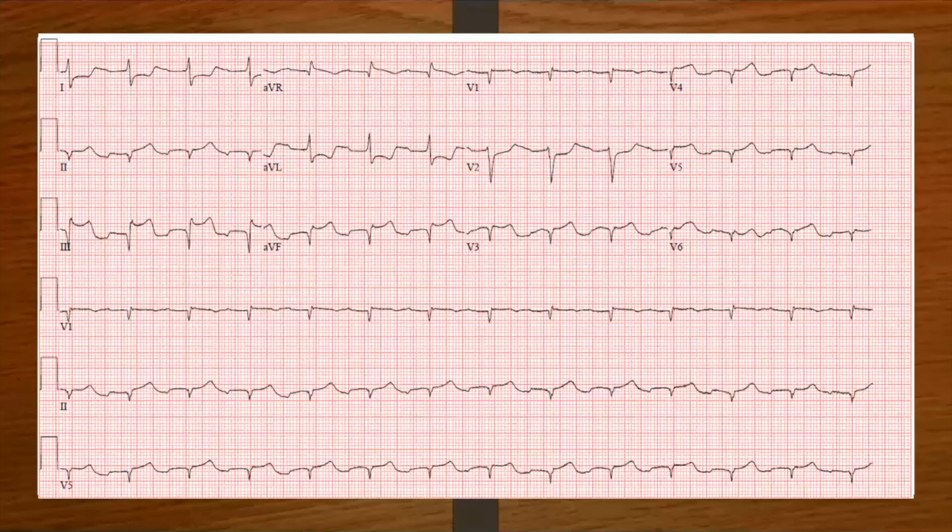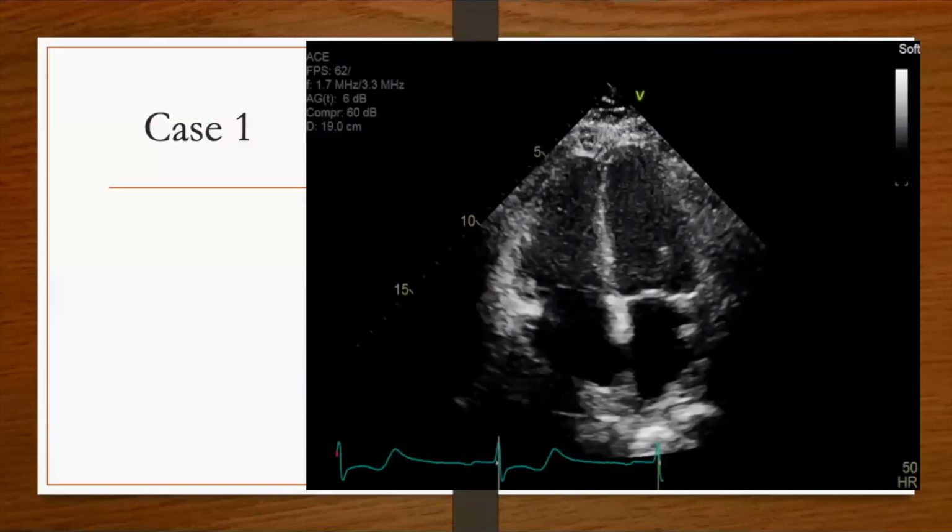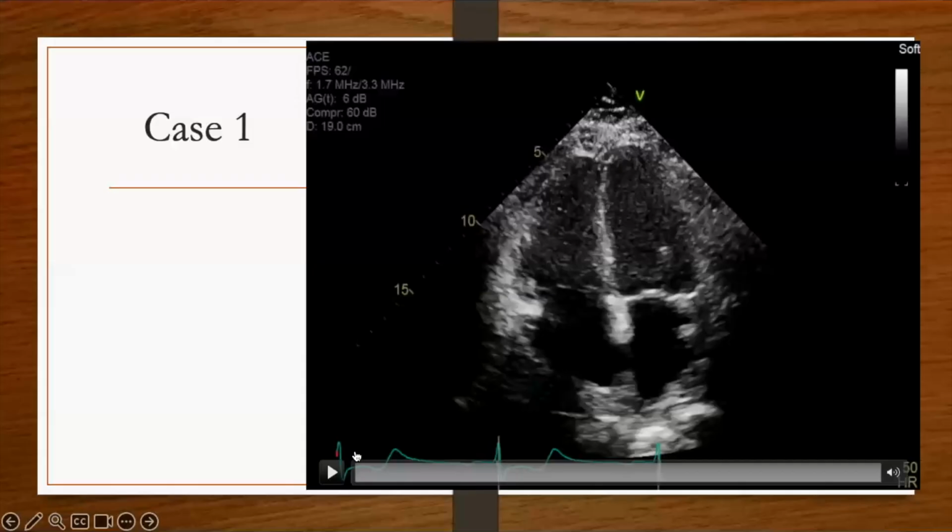That was the ECG. They presented with inferior STEMI, complete heart block, or infarcts. The one thing I wanted to mention is that the right ventricle generally has a smaller mass.